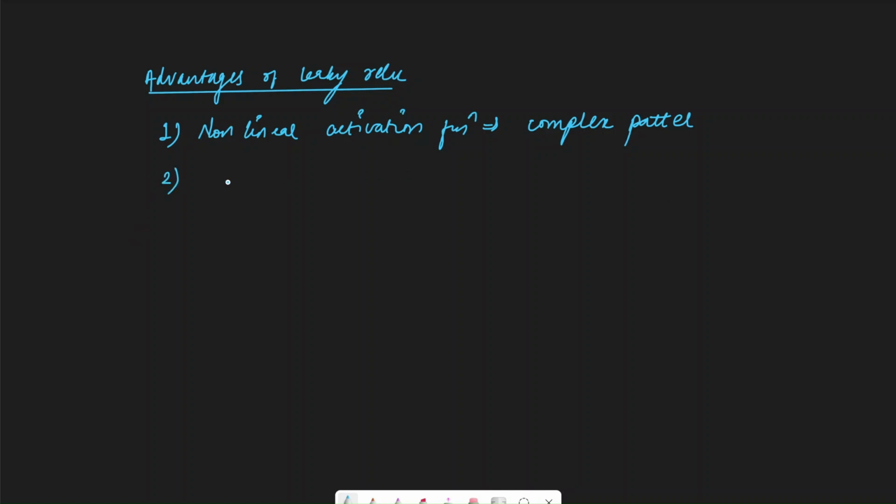Second and the most important advantage is that it solves the dying ReLU or dead neuron problem. If you don't know what the dying ReLU or dead neuron problem is, then please watch my previous video on the ReLU activation function, where I have clearly explained it. And leaky ReLU solves this problem. How?